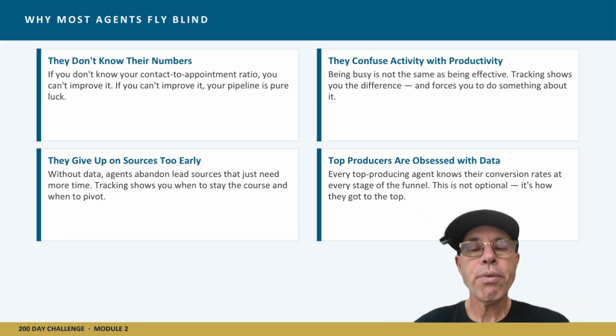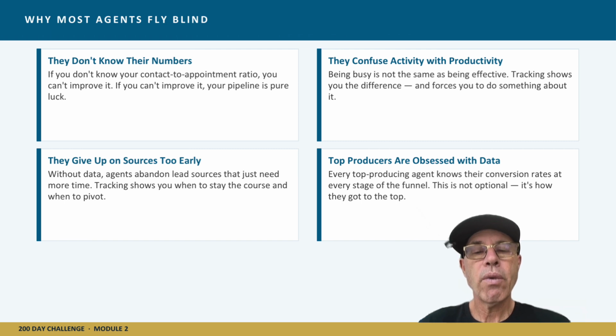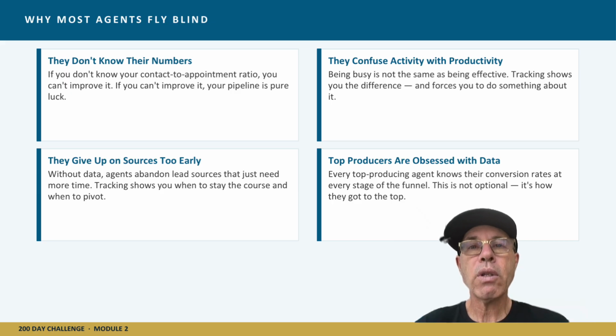And reason number 3 is they abandon lead sources prematurely. Without data, an agent who's 3 months into geographic farming might give up because they haven't gotten a listing yet, even though their consistency is about to pay off. Data shows you when to stay the course.